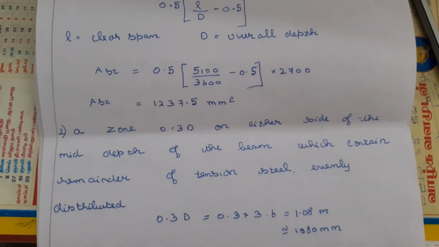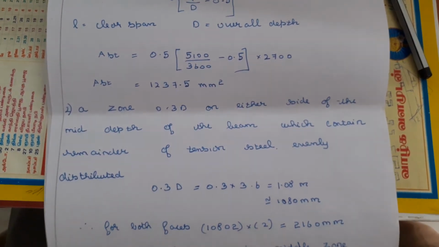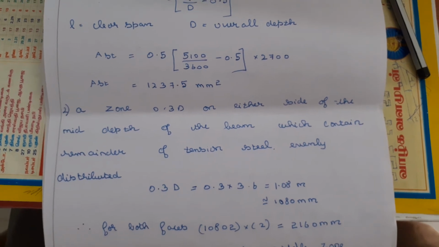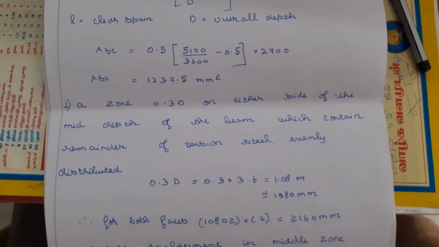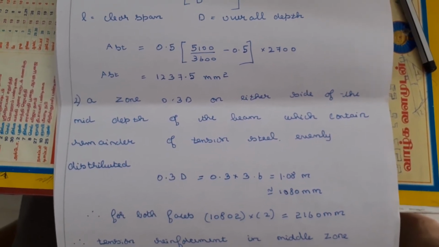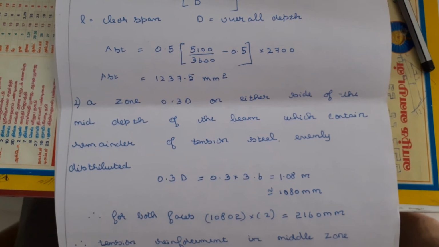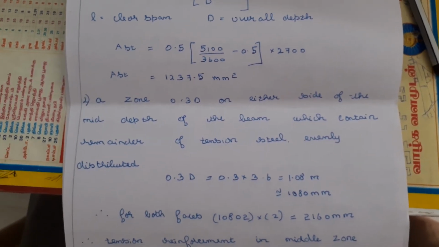A zone 0.3d on either side of the mid depth of the beam shall contain the remainder of the tension steel evenly distributed. Now we need to calculate according to this formula 0.3d. This is the depth of beam which contains the remainder of tension steel evenly distributed. For that zone we are calculating this.